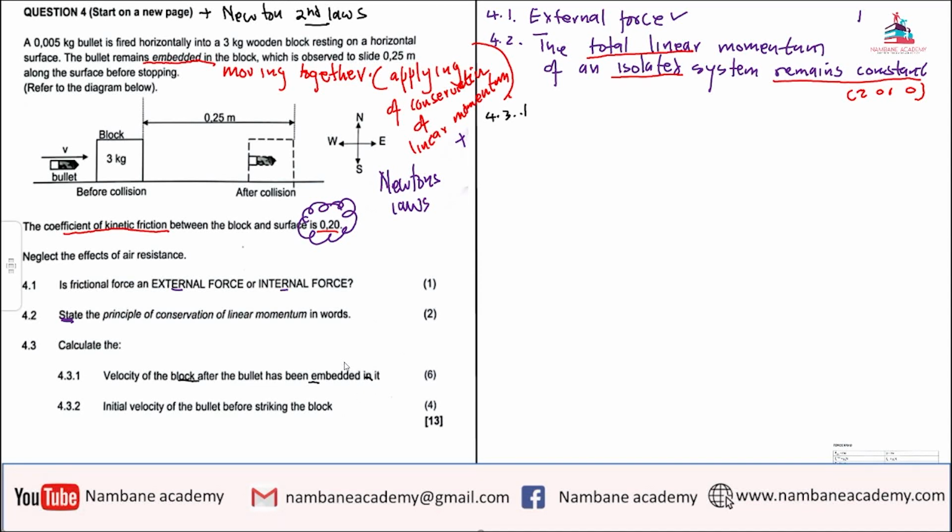So it means the examiner is actually asking us to calculate the velocity at which the block will move. Let me change the pen. At which the block will need here to move into this direction. So that is where the question is.